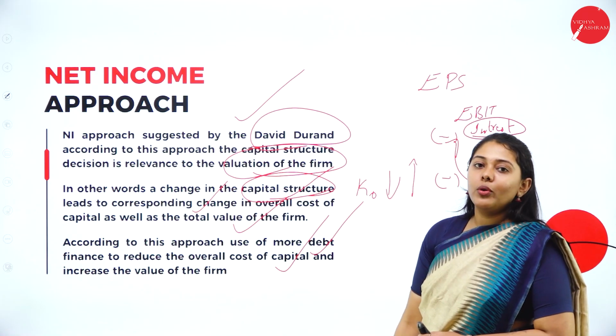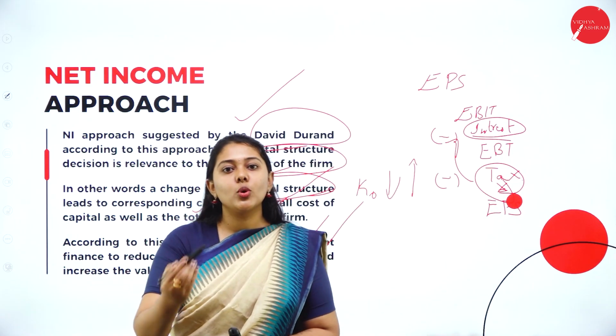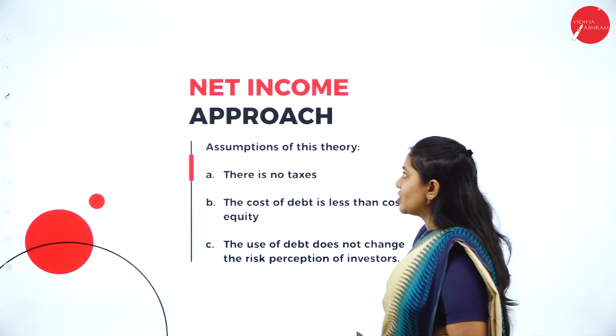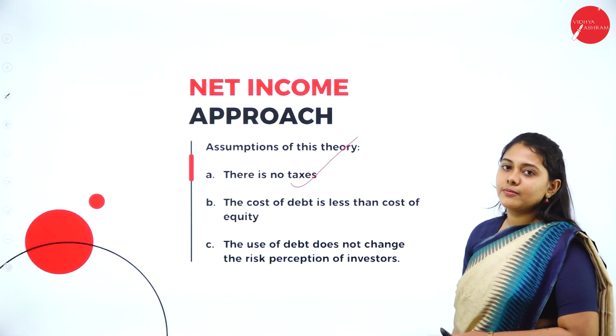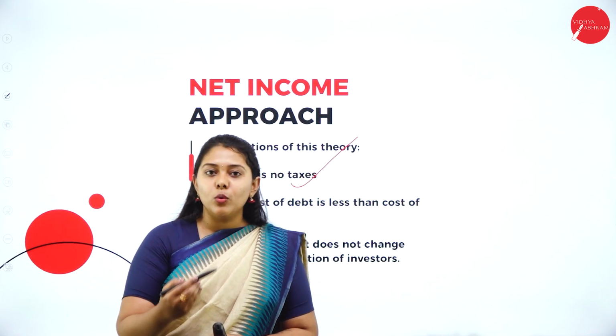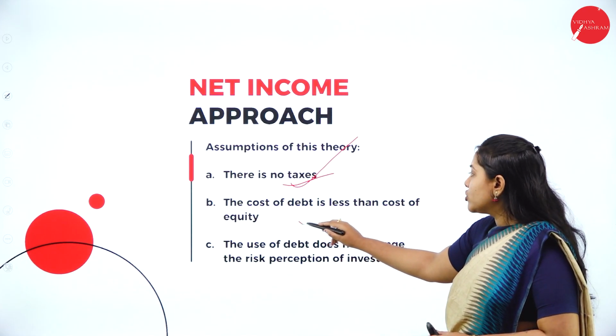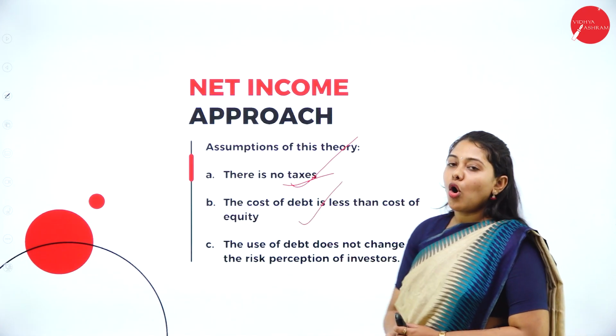As I have told you, the NI approach is based on certain assumptions, so let us look at the assumptions. There is no tax. In a perfect market, this situation will not appear because tax rates will be there. The cost of debt is less than the cost of equity.